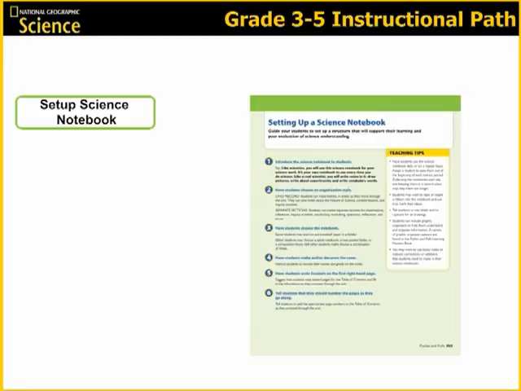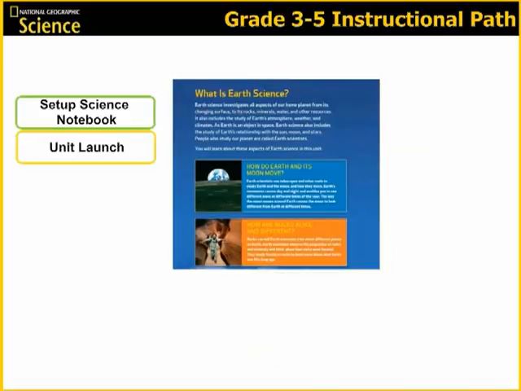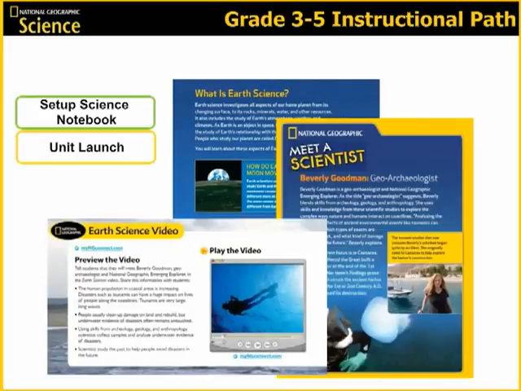The instructional path for 3rd through 5th grade is similar to what we've seen with K-2, beginning with the Science Notebook and the unit launch. However, at this level, we begin by introducing students to the big idea questions they will be studying throughout the unit before we meet the scientists and watch the unit launch video.